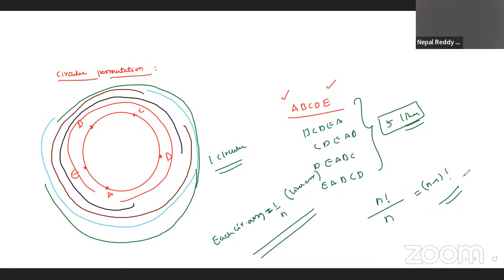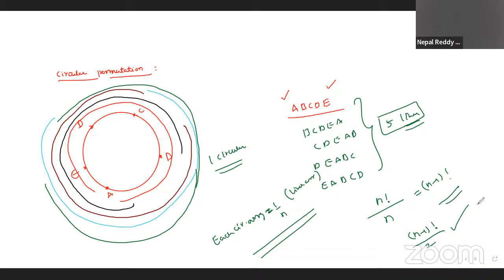Here, in the circular permutation, clockwise and anti-clockwise arrangements are distinct. The number of circular permutations of n different persons taken all at a time is n minus 1 factorial, remember. In case of flowers, necklaces, garlands, there is no importance for direction, so you have to write n minus 1 factorial divided by 2.